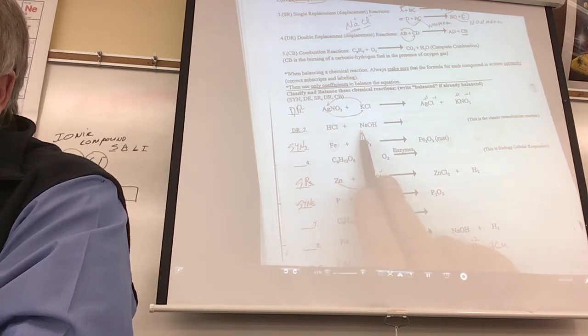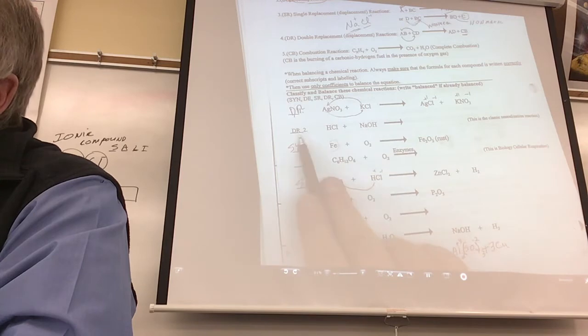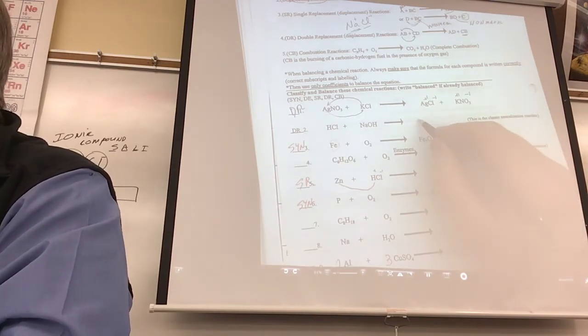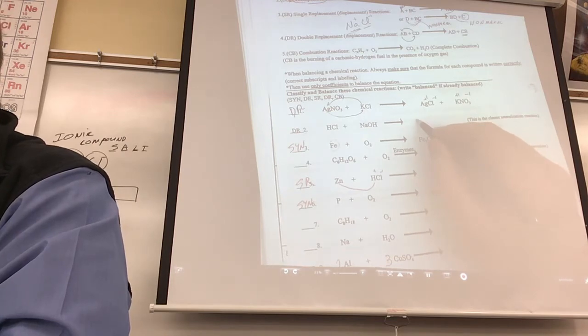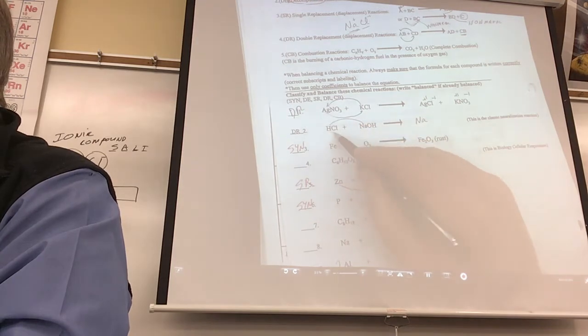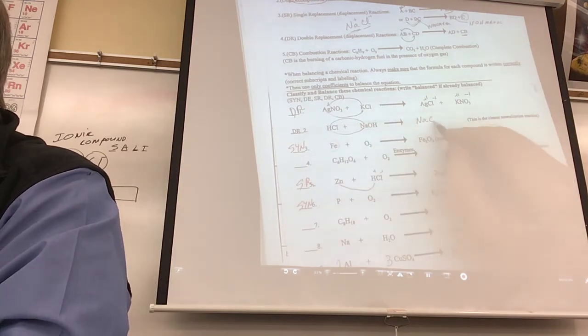AB plus CD. It says double replacement, so who's going to form a compound with who now? Sodium. Sodium is going to form a compound with who? Chloride. Yes. So we'll put those together.